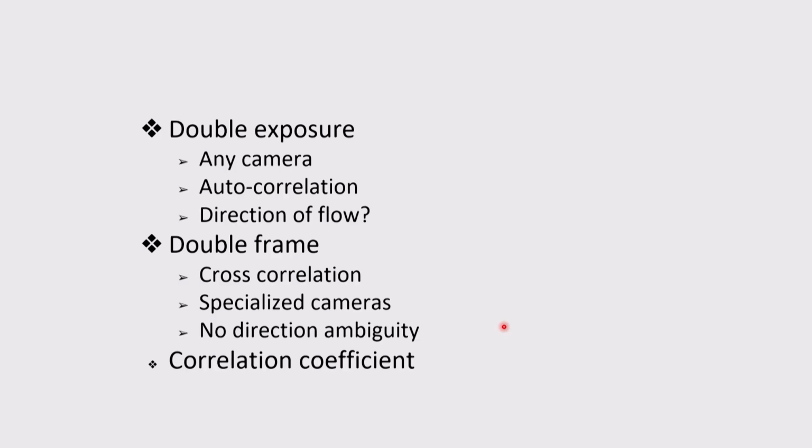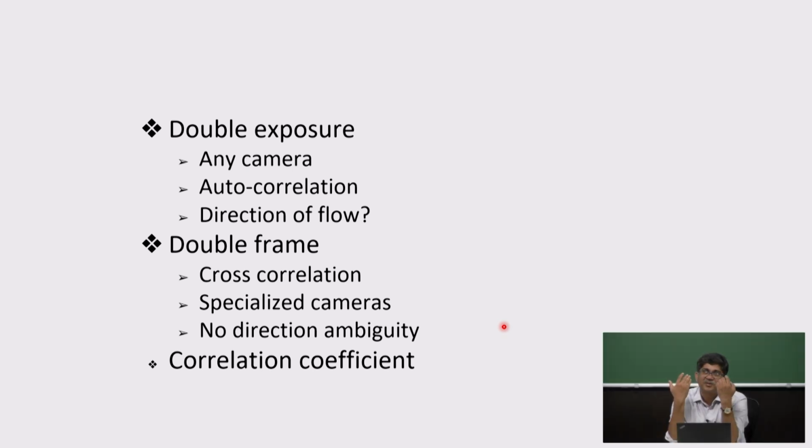They use a double exposure camera. As I was telling, you can take two separate frames and then correlate, which is called a cross correlation. An earlier method was used when there was no precise control over the timing.